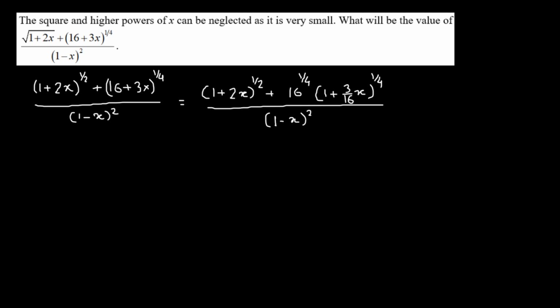And we're going to apply the approximation, so that gives us 1 plus n, which is 1/2, times twice of x.